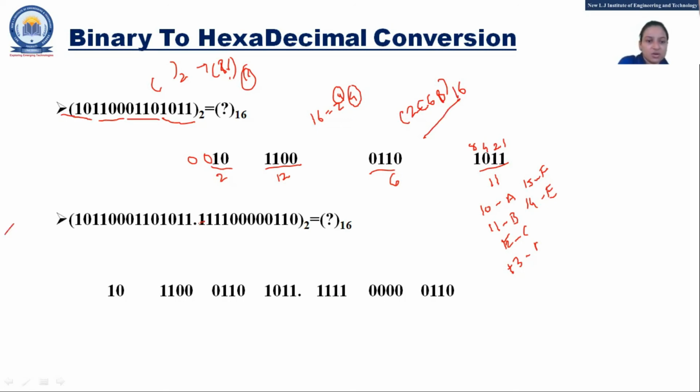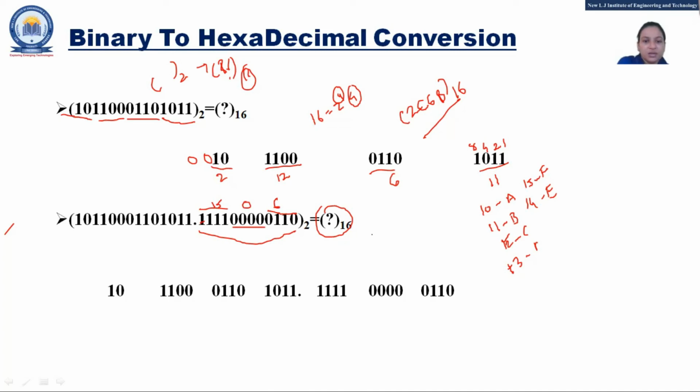Now let's talk about how a fractional binary gets converted into a hexadecimal fractional equivalent. See here, we have to start making groups from this side: 1111. Here again 4 zeros, and the last is the remaining 4 ones, that is our 15. This is our 0 and this is our 6.